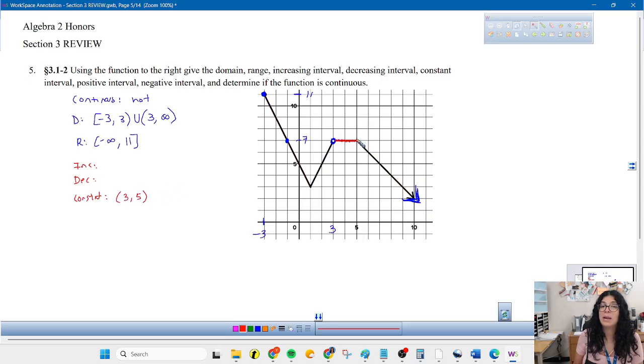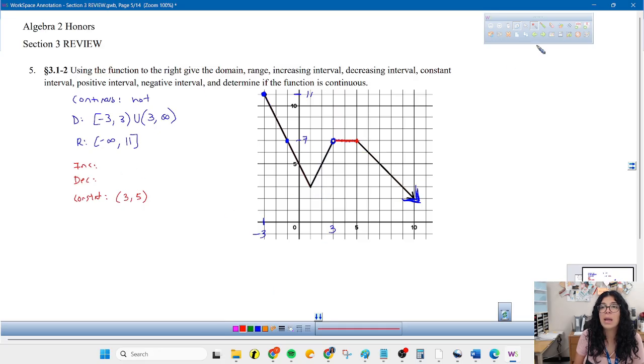Any point that is connected, we don't say whether that's a part of the increasing, decreasing, or constant piece because it's connected to another piece, okay? So any point that is connected, we are not going to include as a part of that constant because that is the point where you're changing actually from constant to decreasing, is not that it's continuing to be constant, at that point or even past that point.